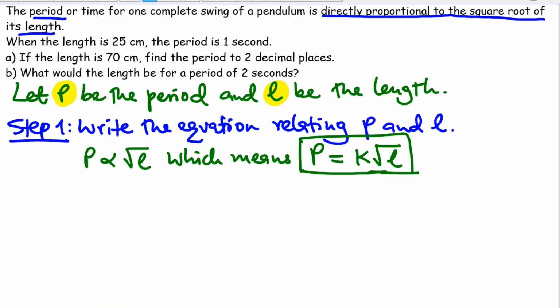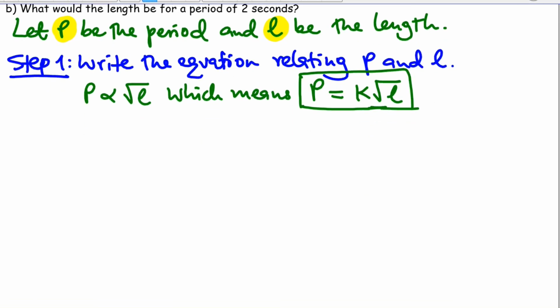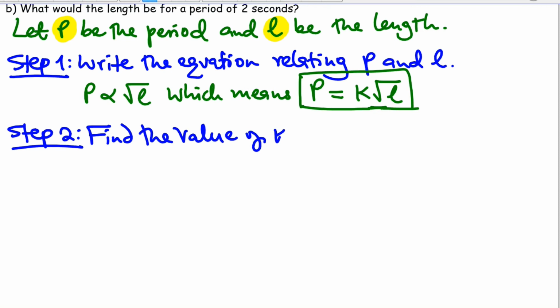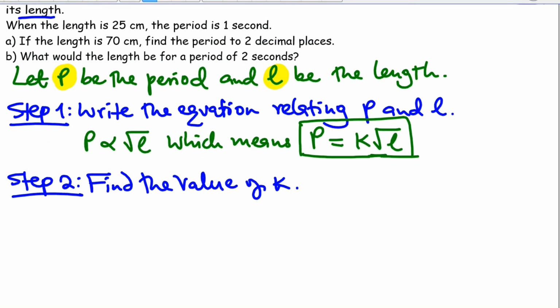So step 2 will be to find the value of k by substituting the values of L and P into this equation. Now we can find the value of k by substituting these conditions: L is equal to 25, P is equal to 1.